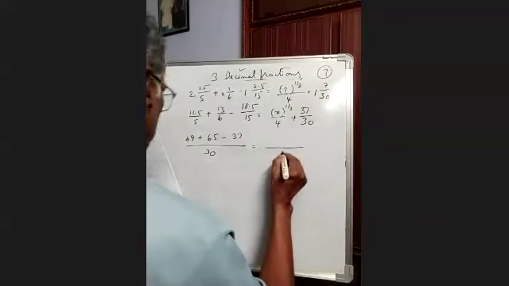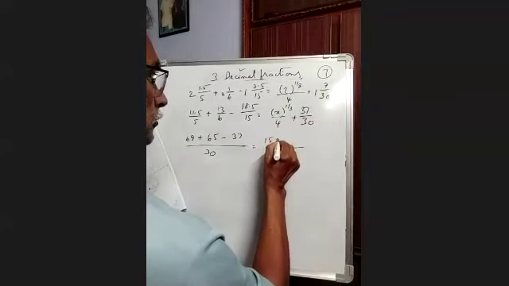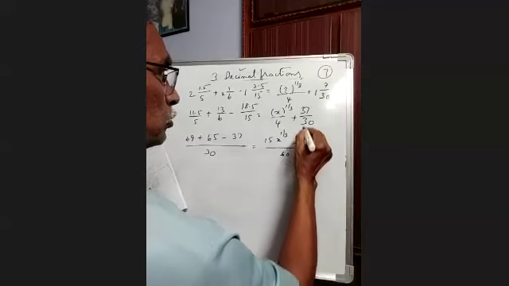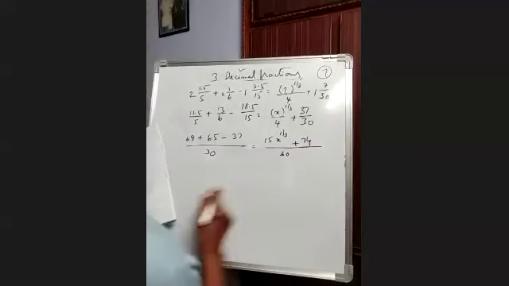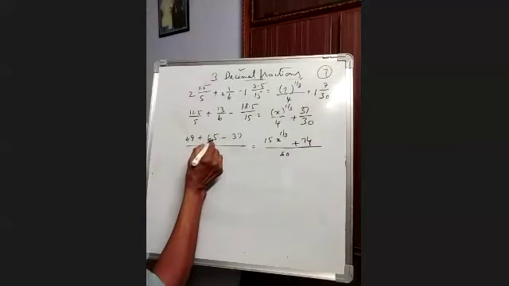LCM will be 60, 15 times 15 x to the power of 1 by 3 plus 2 times 74. This will be.